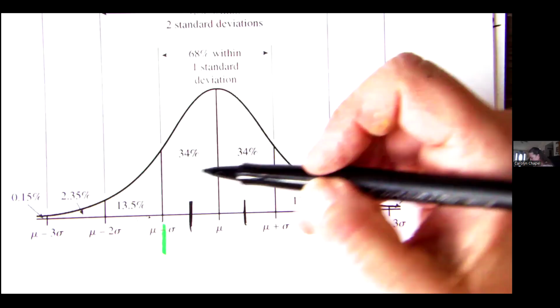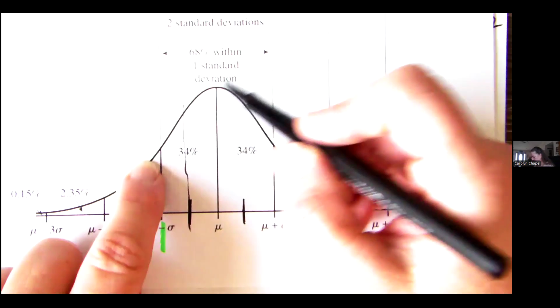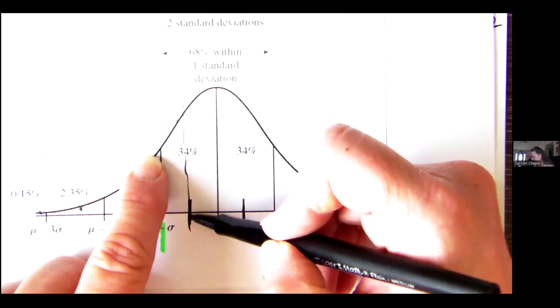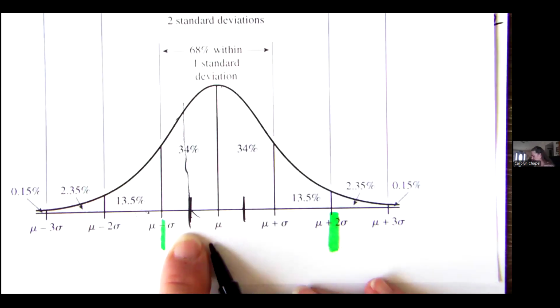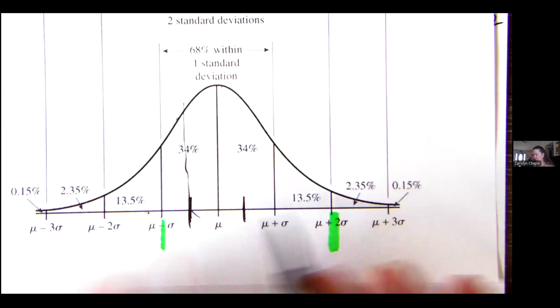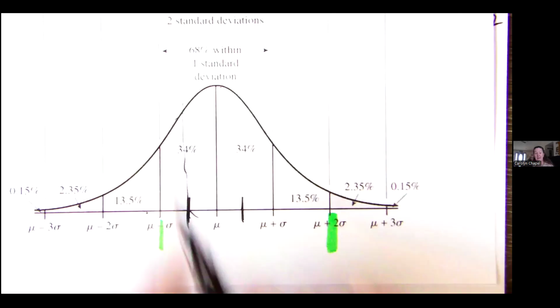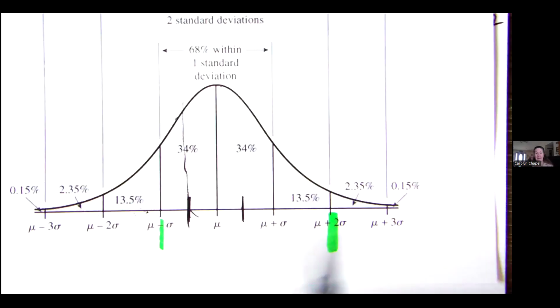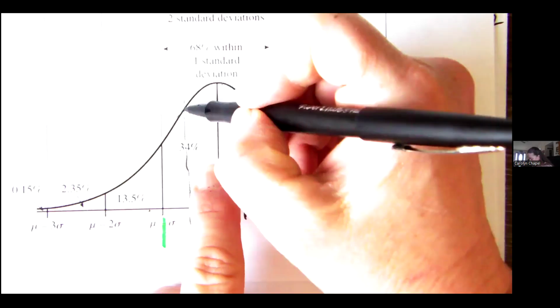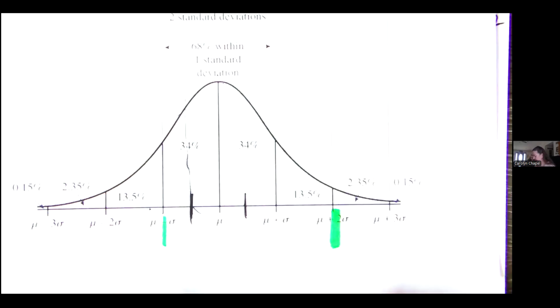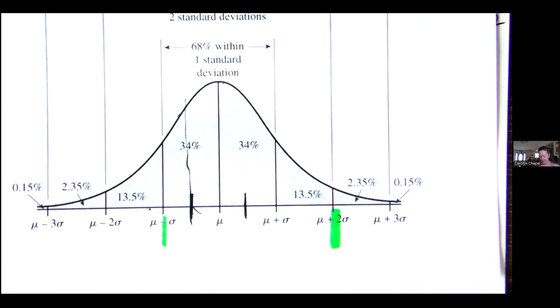I can't just take 68% because this height, even if this was in the middle, let's say I wanted to go from -0.5 to 0.5 in terms of the standard normal, I can't take the 34 and divide it in half because this height is higher than this height. So these areas are not the same.